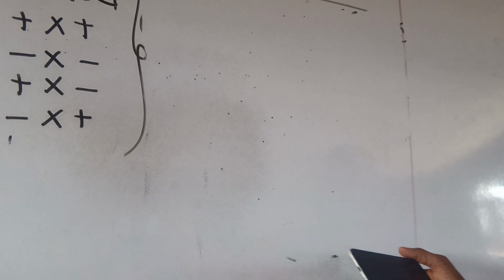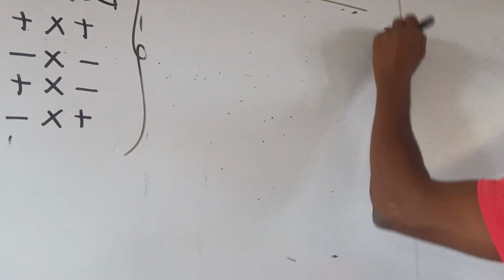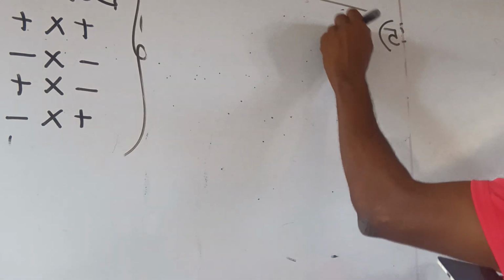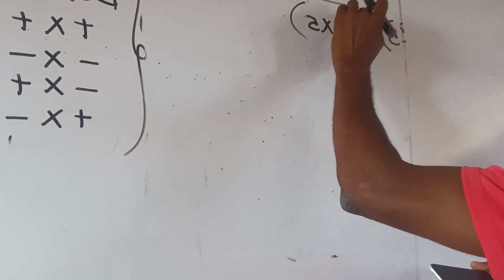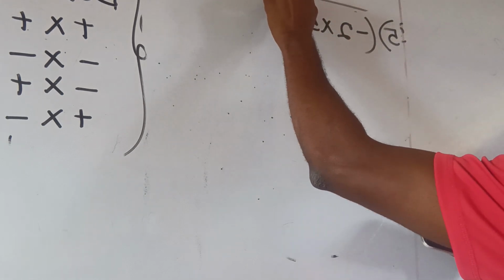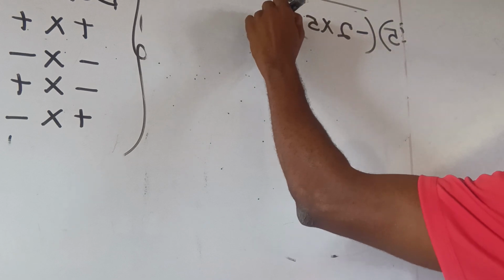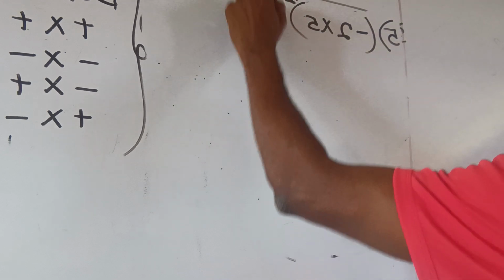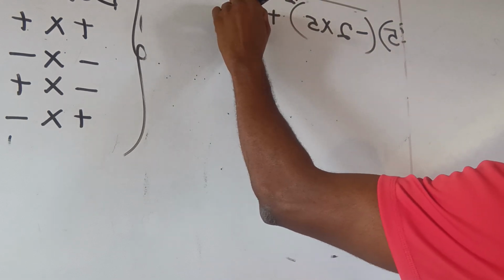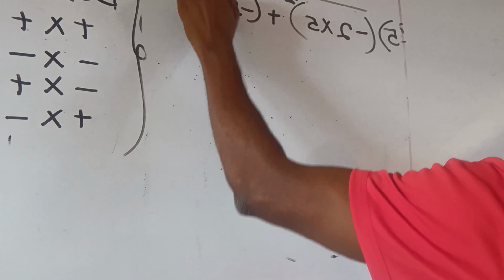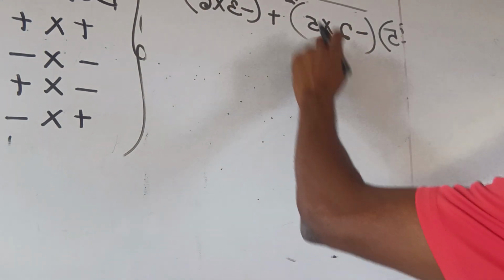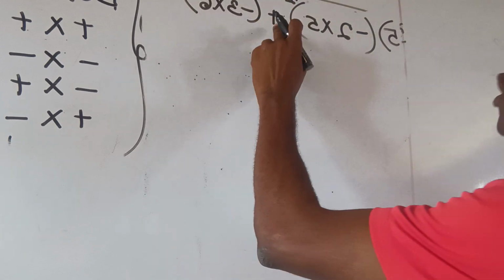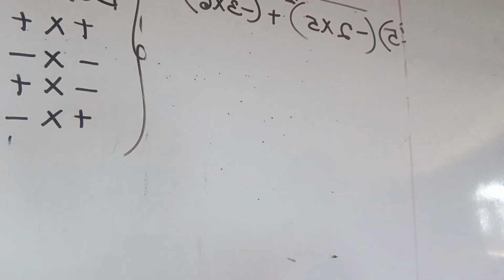Question 5 says, which of the following is equal in value to minus 2 times 5, all being squared, plus minus 3 times 6? You can see this is interesting.